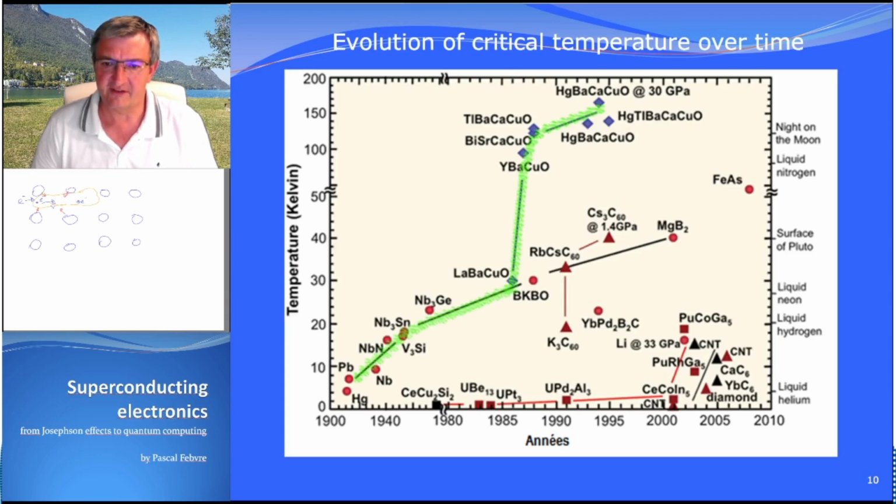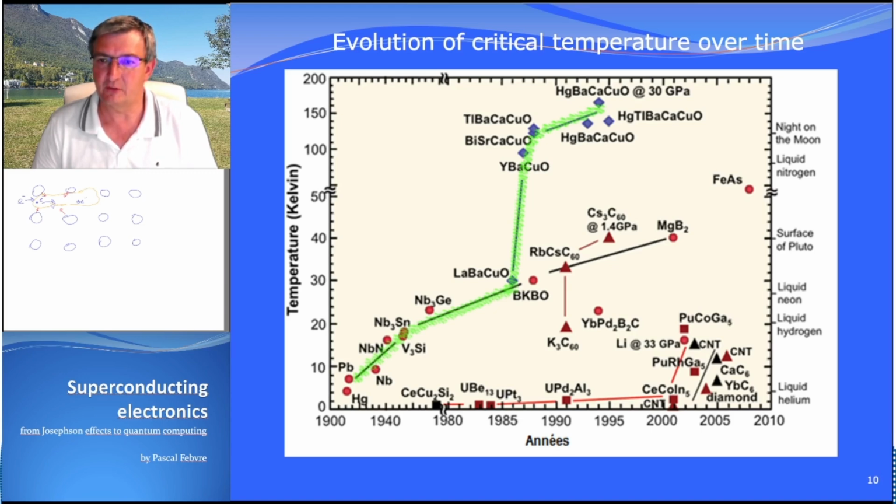We have the first discovery with mercury, then lead, and niobium was discovered soon after in the 40s, and up to 86 the temperature stayed quite low. We were at about 22 Kelvin with this material, and then the discovery of Bednorz and Müller led to this fast increase of Tc based on cuprates.